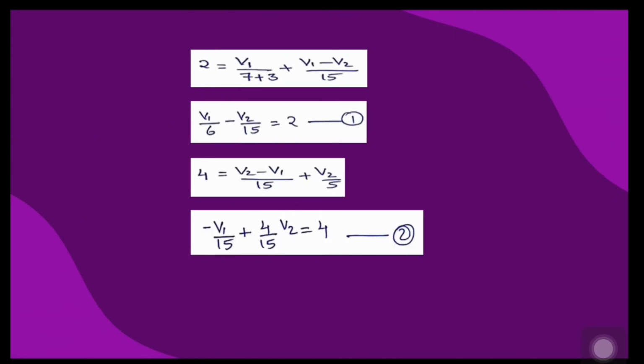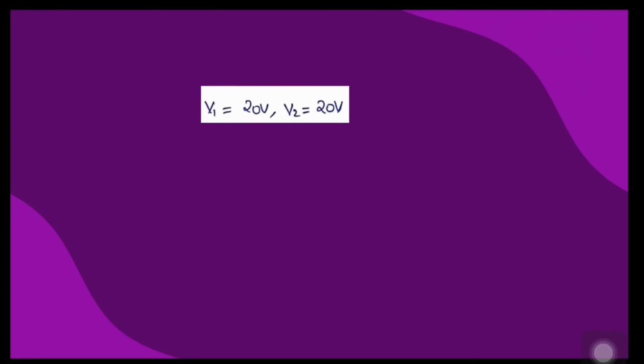It is written here. By rearranging this, we get minus V1 by 15 plus 4 by 15 V2 is equal to 4, which is labeled as equation number 2. Thus, we get two equations on two unknowns V1 and V2. When we solve these two equations, we get V1 and V2 equal to 20 volts.